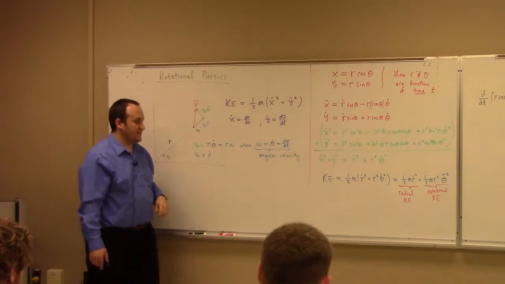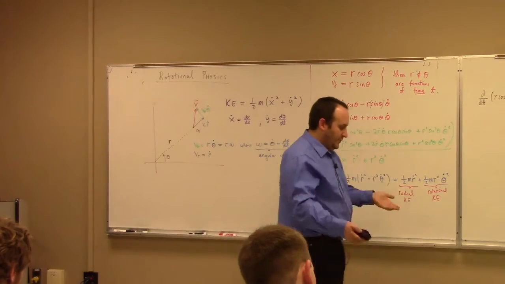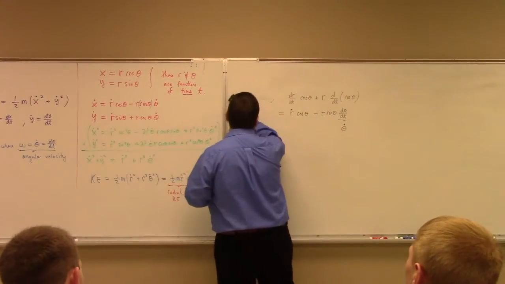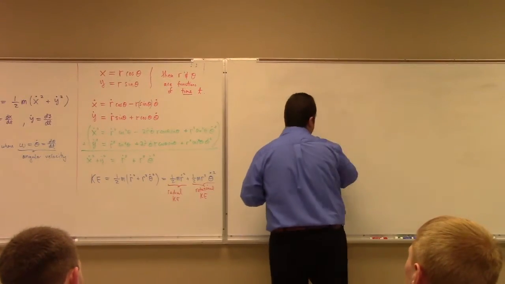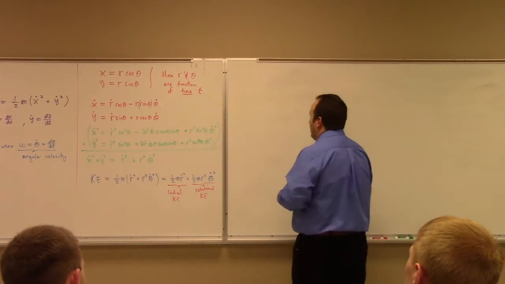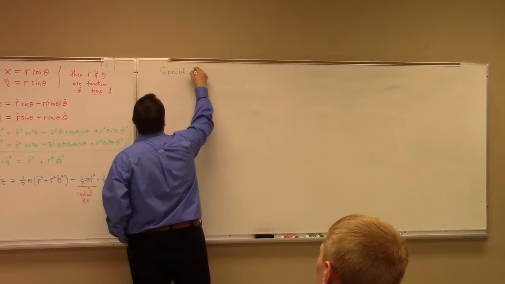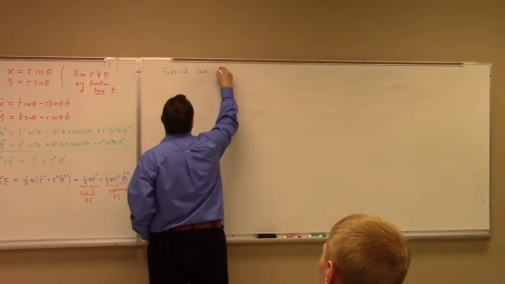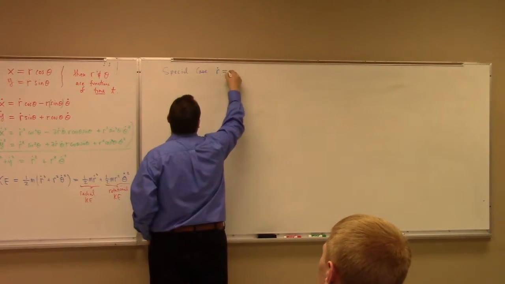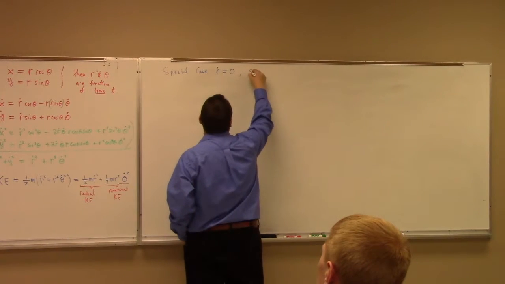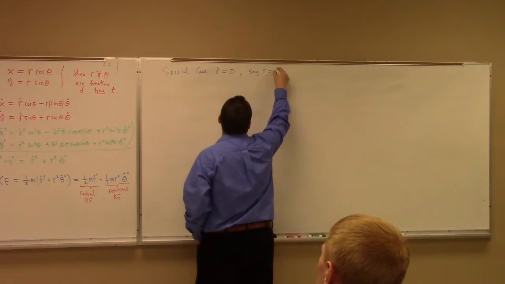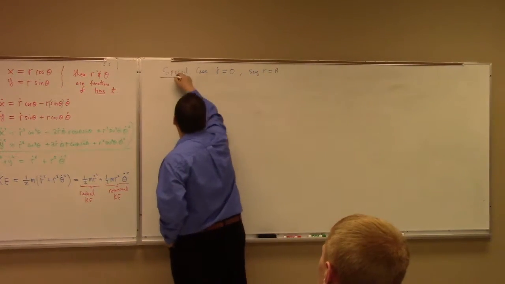That's simple rotational motion, and that's mostly what we study in here. So let's focus in on that case. We'll just say r is equal to capital R for the most part here.